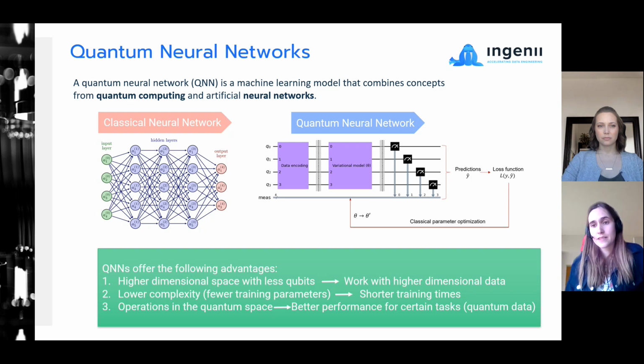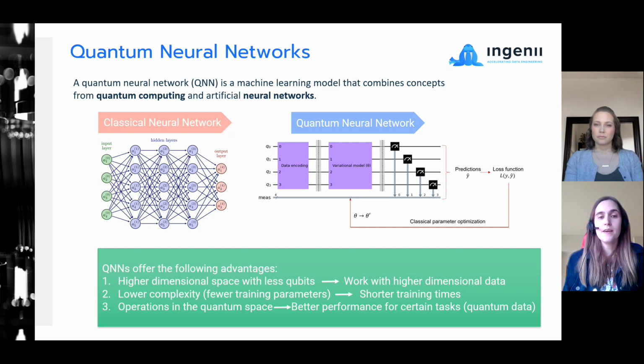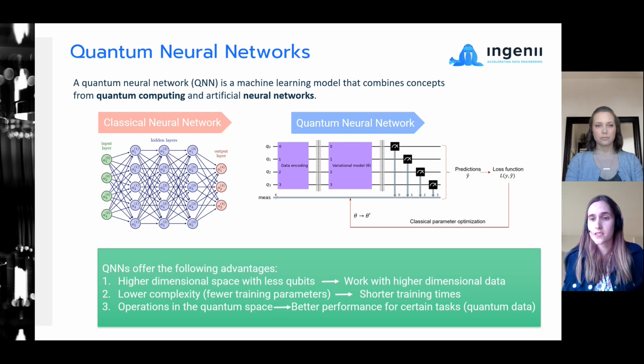And finally, we have the measurements that will produce the final predictions of the quantum neural networks. And just as with classical neural networks, we have to train the variational parameters within this variational model. So from our predictions, we would construct the loss function and then minimize this loss function using some classical parameter optimization to find the best parameters of the quantum neural network.